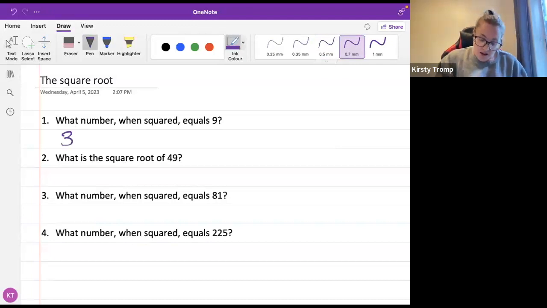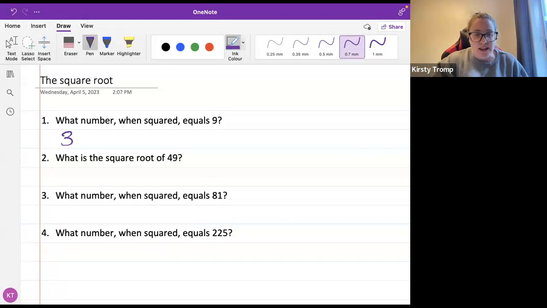Well done. Right. So now, what's the opposite of saying what number when squared? What's a quicker way than saying that? Well, a quicker way than saying that is, what is the square root of 49? In other words, when they say what is the square root, it also means what number when squared equals 49.